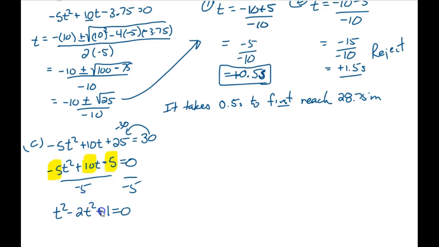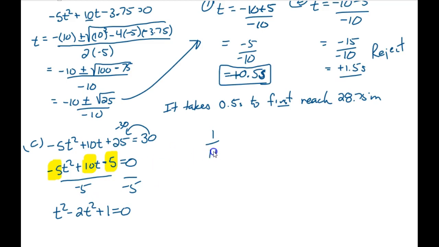Negative divided by negative, positive. Do a little quick check on your signs before we continue. And here are the two factors of 1 that can add to give us negative 2. So I'm not going to drop right into the quadratic formula. Still check to see if factoring can help, because it is faster. And it does. What factors of 1 do you have that can add to give you a negative 2?